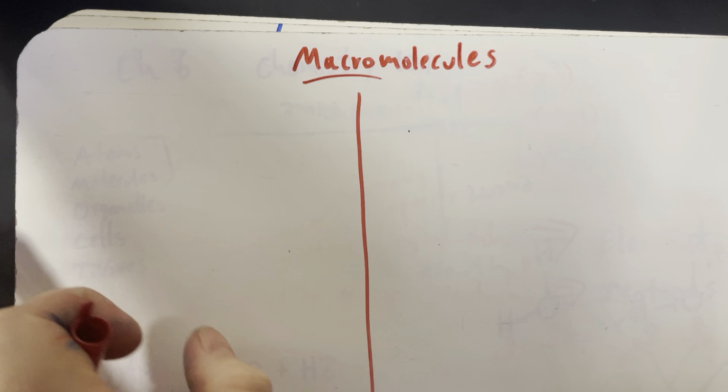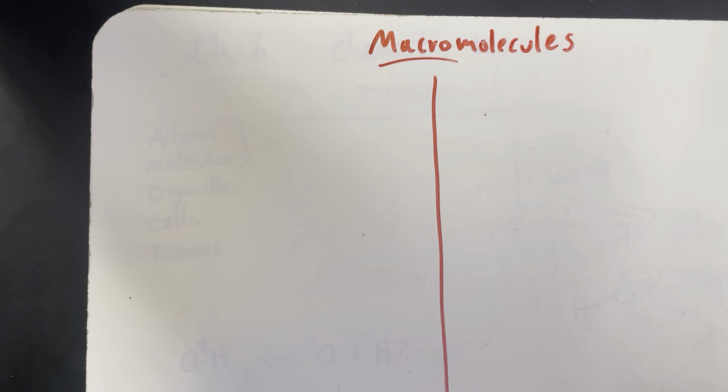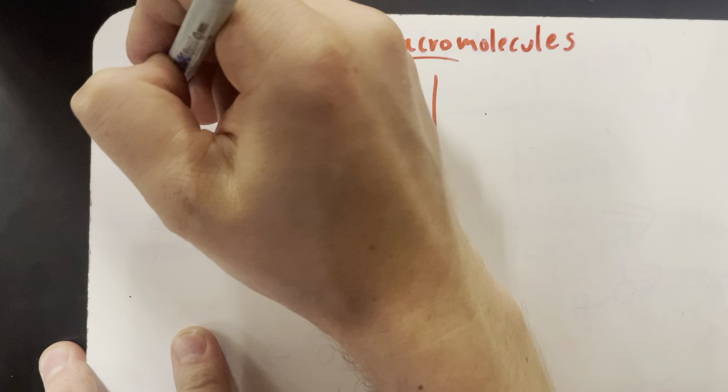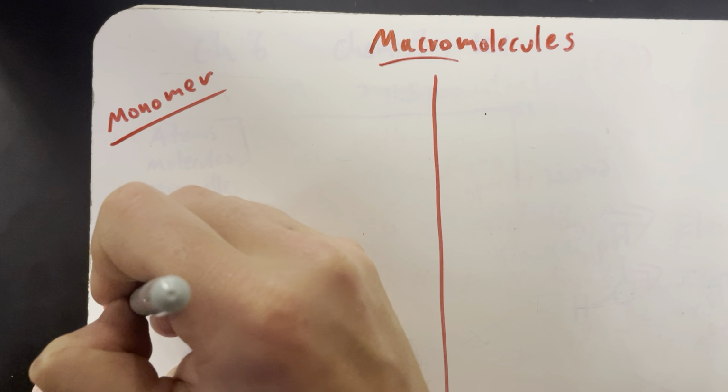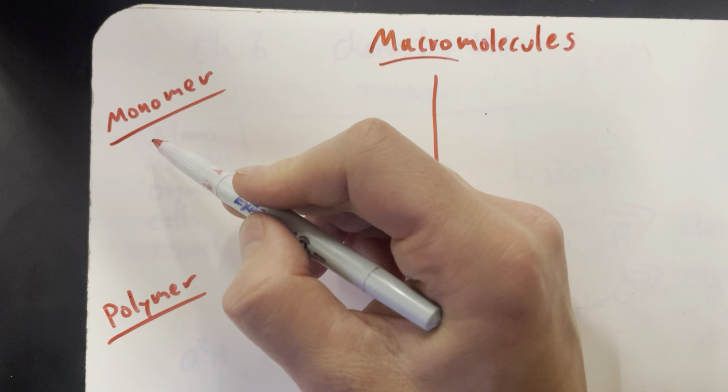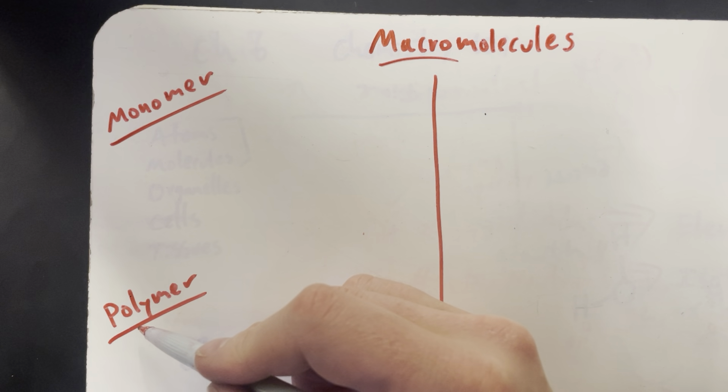Furthermore, all of these organic molecules are going to have 2 parts. They're going to have a monomer and a polymer. What does mono mean? One. What does poly mean? Multiple. Yeah.